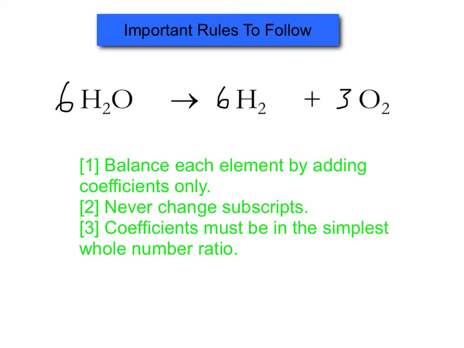However, according to rule number 3, we're not allowed to have this as a balanced equation because it's not in the simplest whole number ratio. So let's just get that back. We'll take out the 6's and the 3's and get it back to the correct answer.